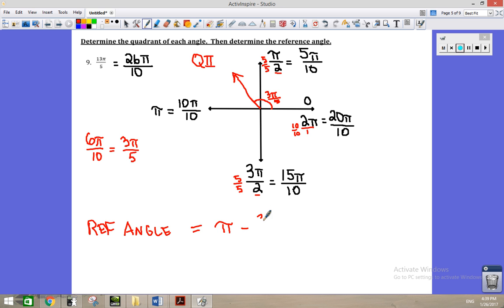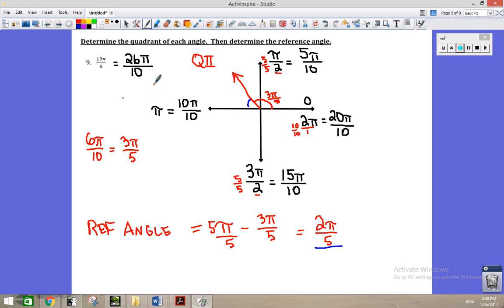If I subtract 13 pi over 5, I need to get a common denominator, so my reference angle is 2 pi over 5. That reference angle is the angle that it makes with the x-axis. This terminal side, the angle that it makes with the x-axis.